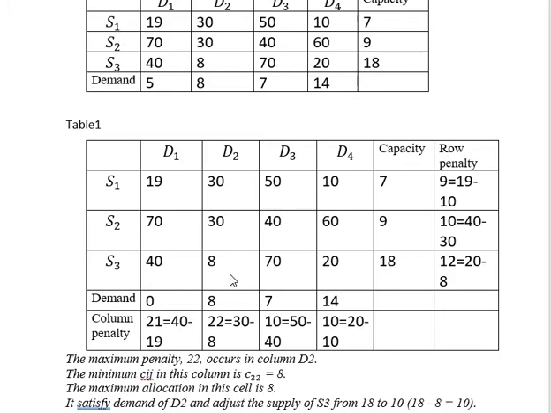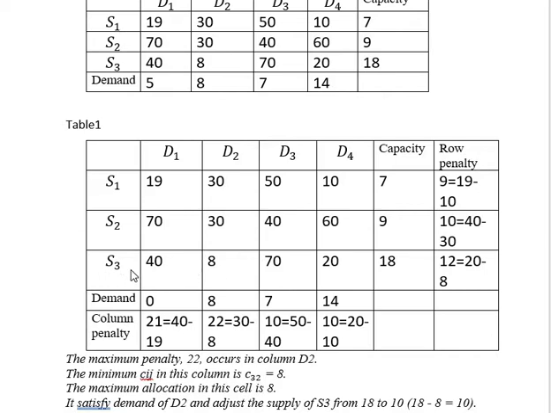That means we have to give the allocation to that cell S3D2. To find the allocation, as we have done in previous methods, find the minimum of the rim values. Minimum of demand and capacity, that is minimum of 8 and 18, which is equal to 8. Then the value 8 will go to the cell S3D2.